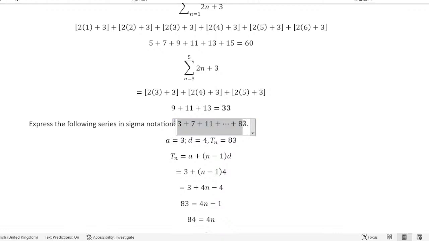So I'm going to give you a classwork just to test your knowledge, to test your skills.